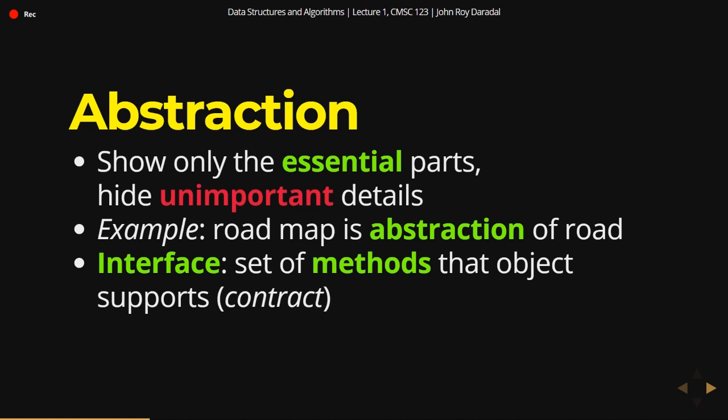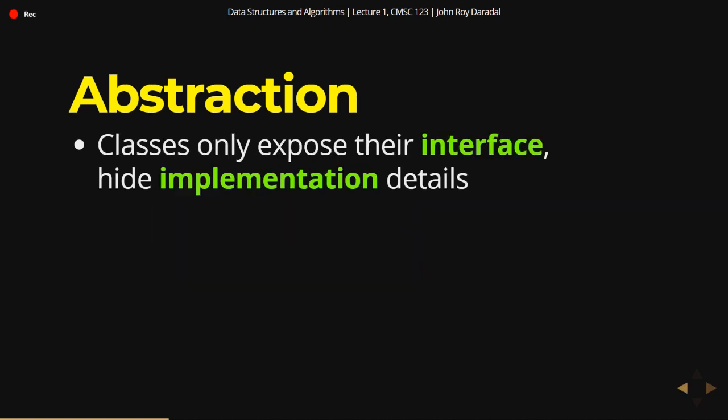So even if I don't know the inner workings of that class, I know that this method can be called for that object because it is part of the interface. Okay, so you only expose the essential parts or the needed methods, and you hide all the details within the class. So that's abstraction. So as I've said, the classes only expose their interface and they hide the implementation details.